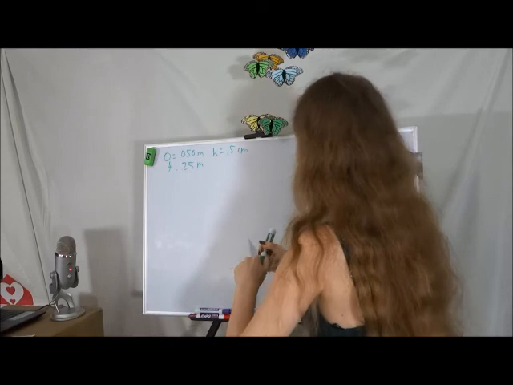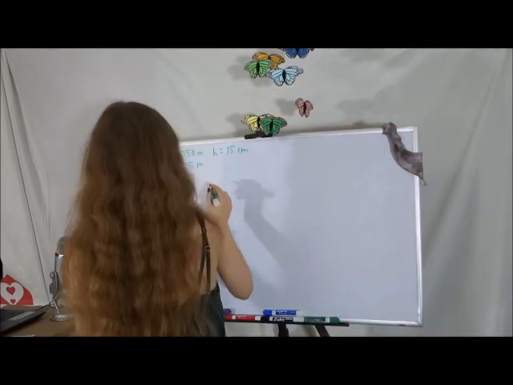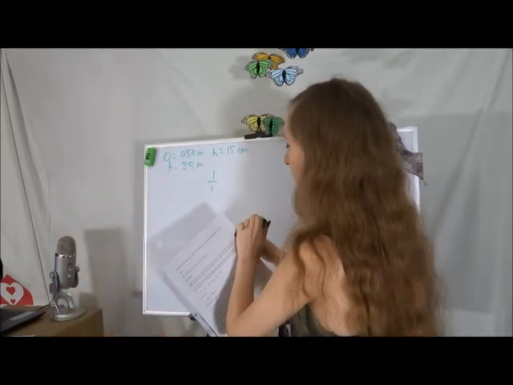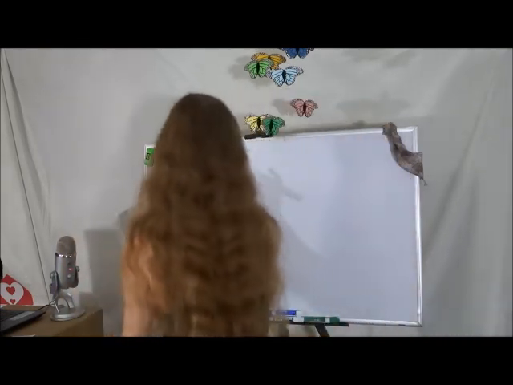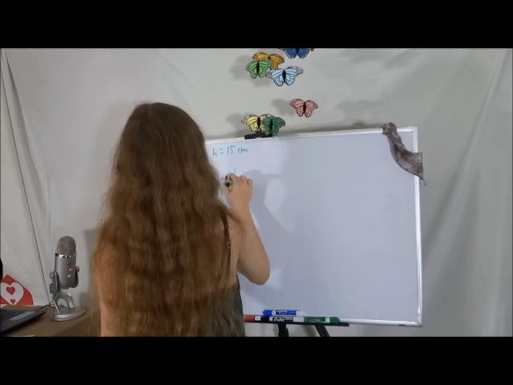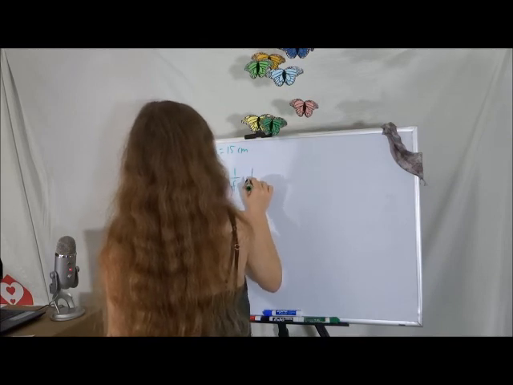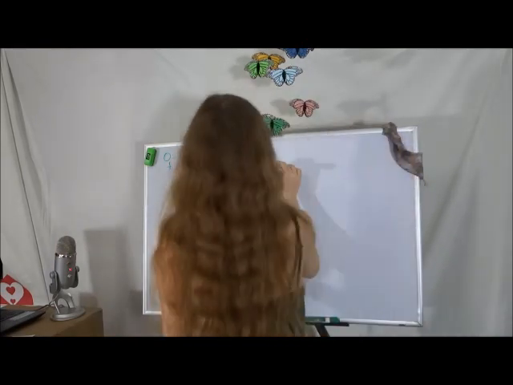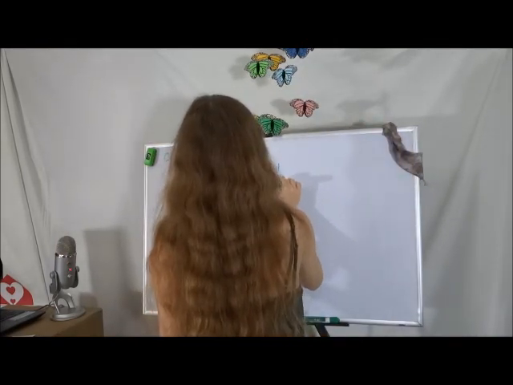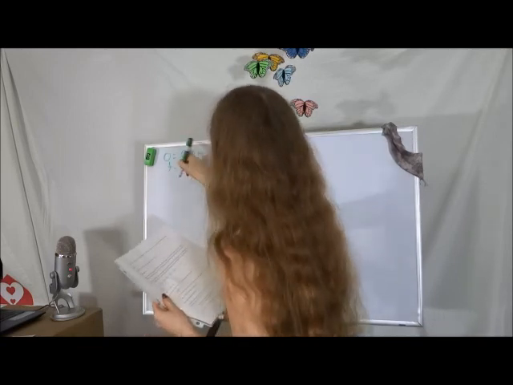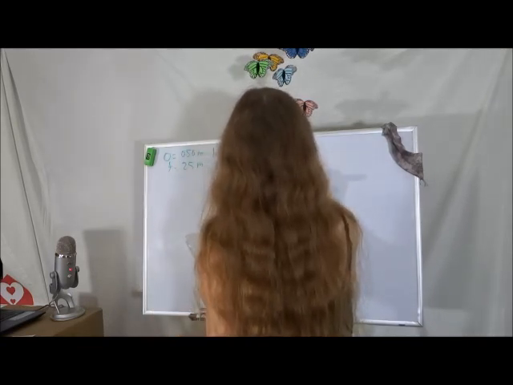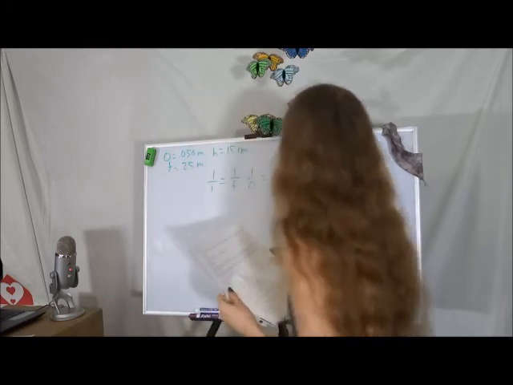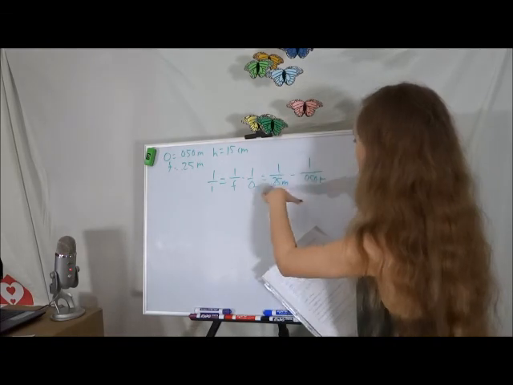So going to thin lens, I'm just going to go ahead and solve for 1 over I directly, so I already moved the 1 over O to the other side: 1 over I is equal to 1 over F minus 1 over O. We said our focal length was 0.25 meters, so we have 1 over 0.25 meters minus 1 over 0.05 meters.